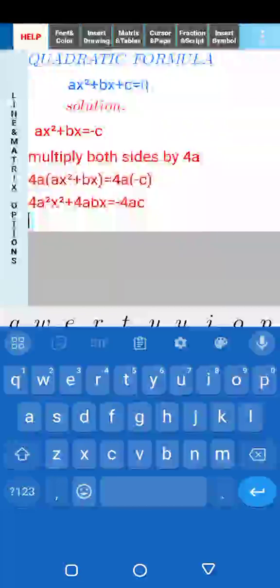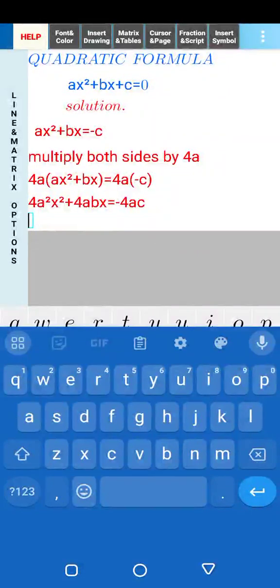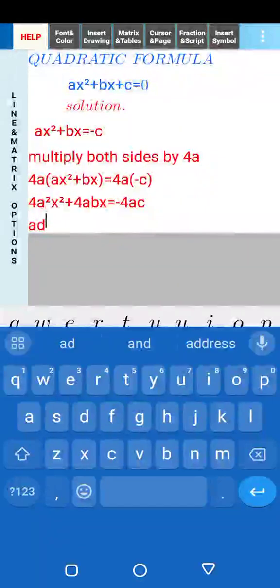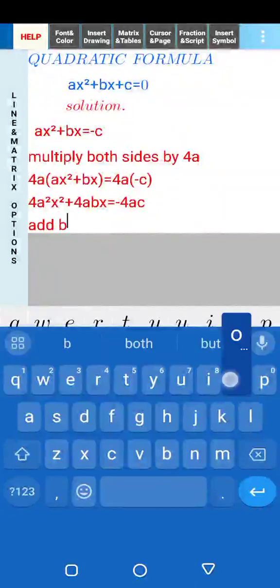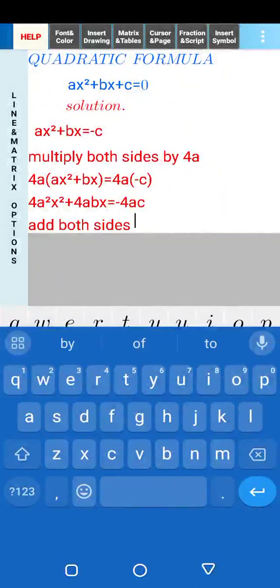Look at the left hand side very well and look at the right hand side very well. Now the next step you have to apply is that you add b squared to both sides.